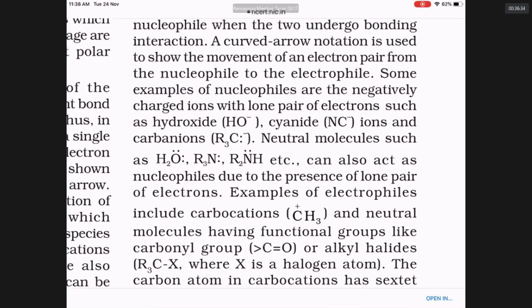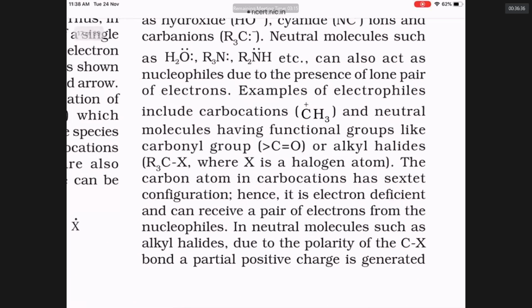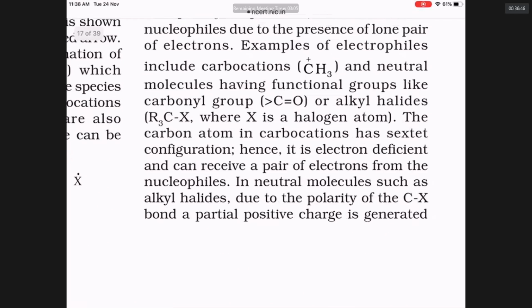On the contrary, electrophile is one who loves electrons, who attacks electron rich centers. Electrophile carry positive charge. Carbocation, H plus. It is very easy to remember. Electrophile, electron lover. It attacks electron rich centers. It itself has positive charge.